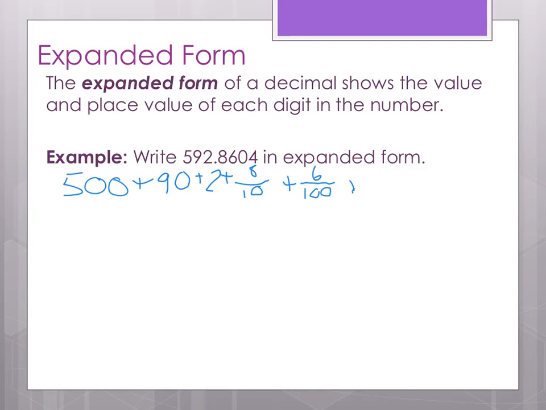Now we have nothing in the thousandths place, so we go next to the 10,000ths place. So we don't write 0 over 1,000. We're going to skip that and go to the 10,000ths place. We're going to write 4 10,000ths. And this is that number expressed in expanded form.